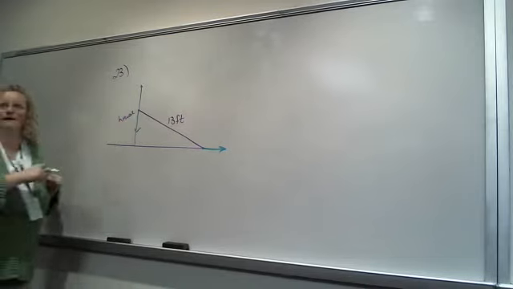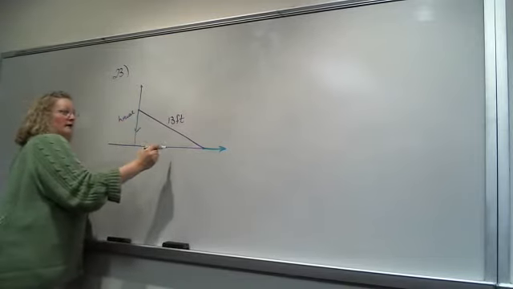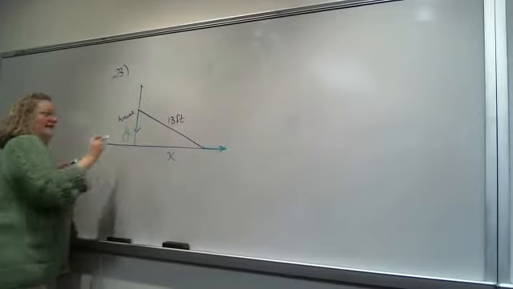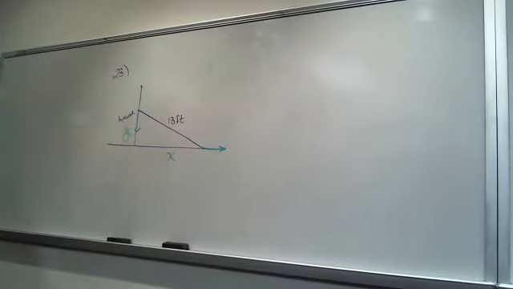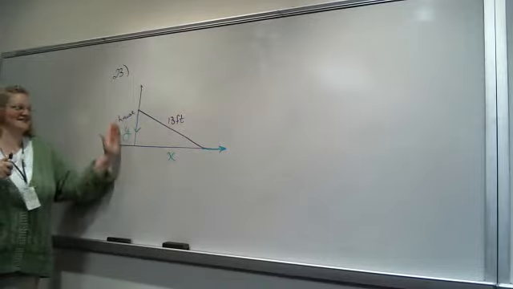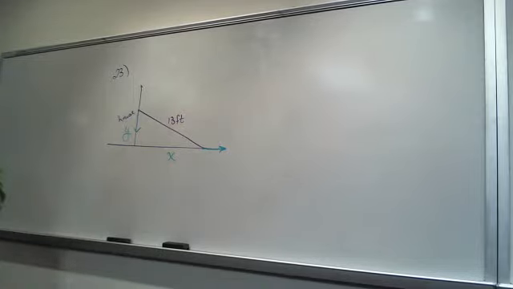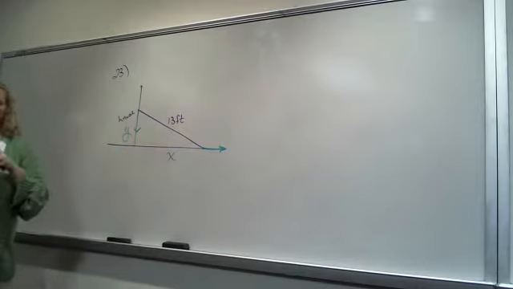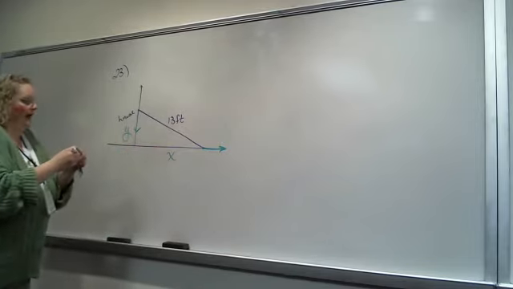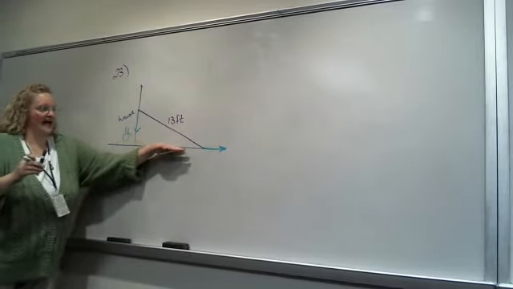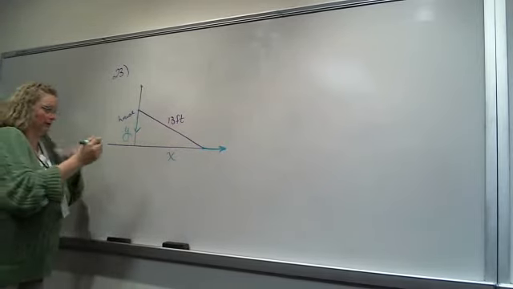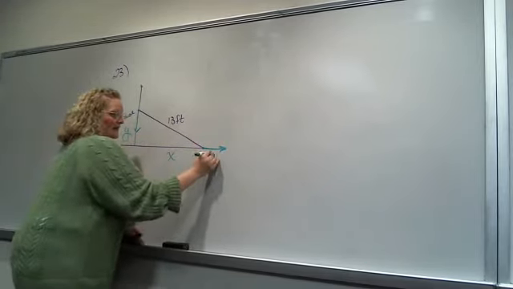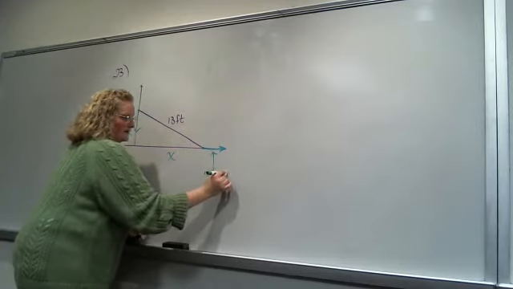What do you want to use? X and Y. Good, I was hoping you'd pick those. Given the fact that it's in an XY plane system, x and y work very well. So we'll let this be x and this be y. If this distance is x at any moment in time, what does that make this rate of change right here?